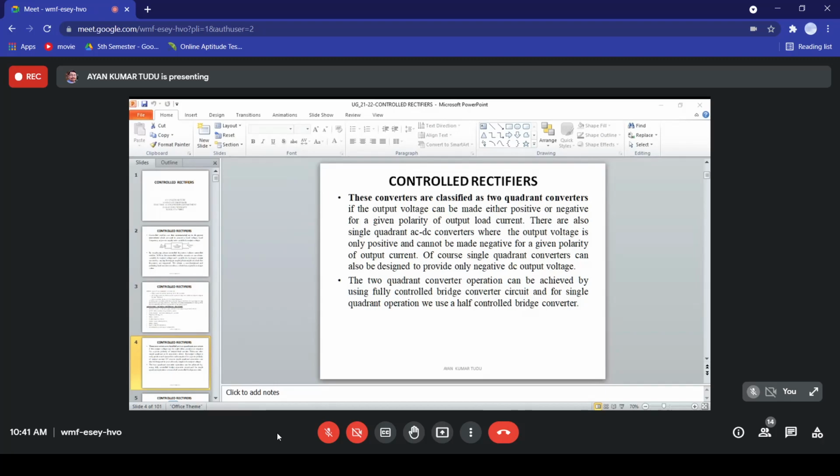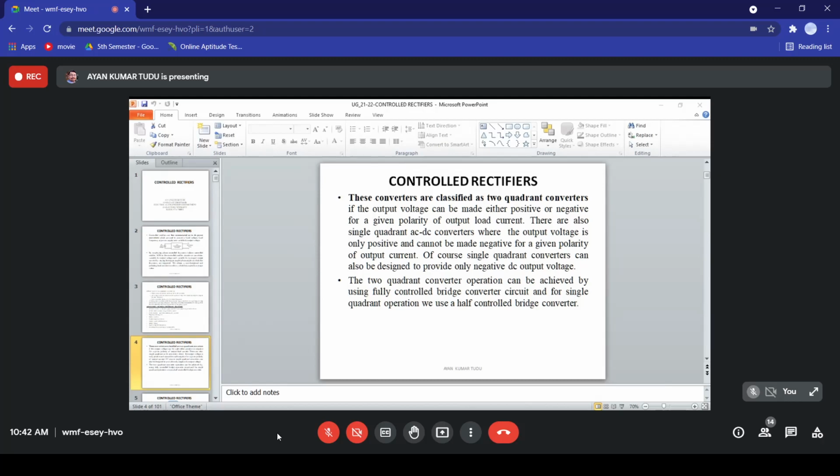Two quadrant converter operation can be achieved by using a fully controlled bridge converter circuit, and for single quadrant operation, we will use a half controlled bridge converter. As we proceed through this lecture on controlled rectifiers, we will see which converter circuit is used for two quadrant operation and which for single quadrant operation.